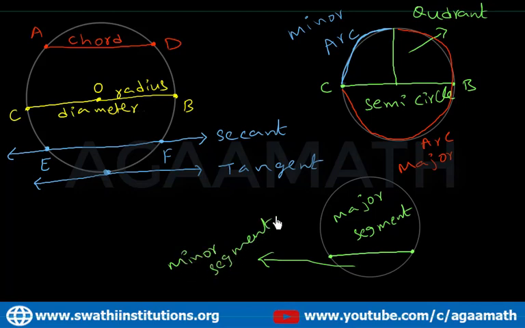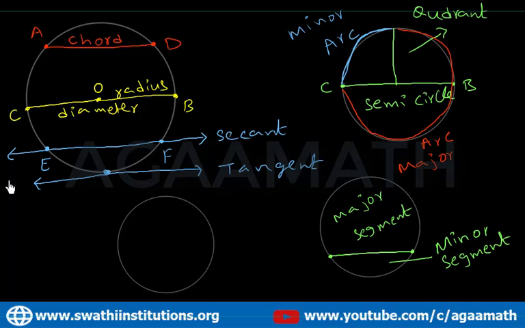When the circle is divided into two parts using a chord, the parts are called a major segment and a minor segment. Major means having more area, and minor means having less area, right? Now I divide the circle into two parts using the radii. Radii, as I told you, is the plural form of radius.